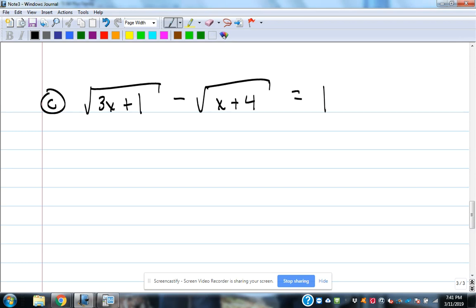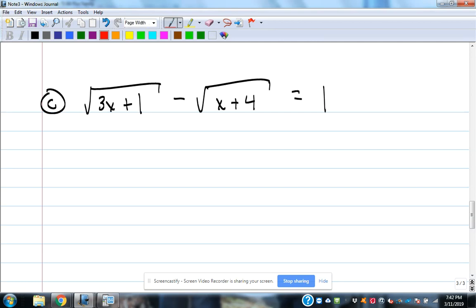Okay, so this one's got 2 square roots in it, but it doesn't have a 0 on the other side. So I can't just move that over there and get rid of it. I can move it over there to isolate one of the radicals. And that's what I want to do. I want to isolate one of the radicals, because if I isolate one of them, I can at least get rid of one of them and then do something else with the other one.